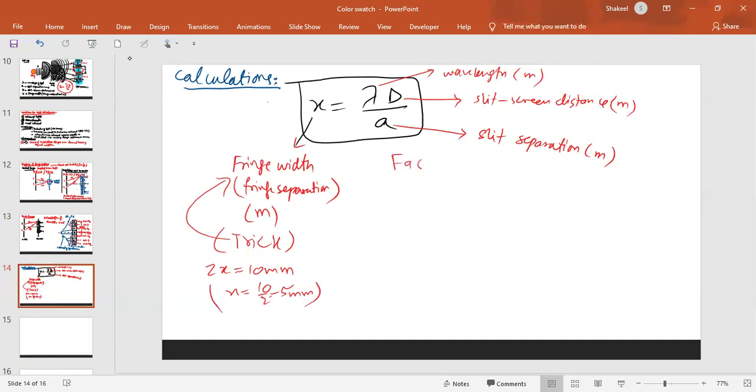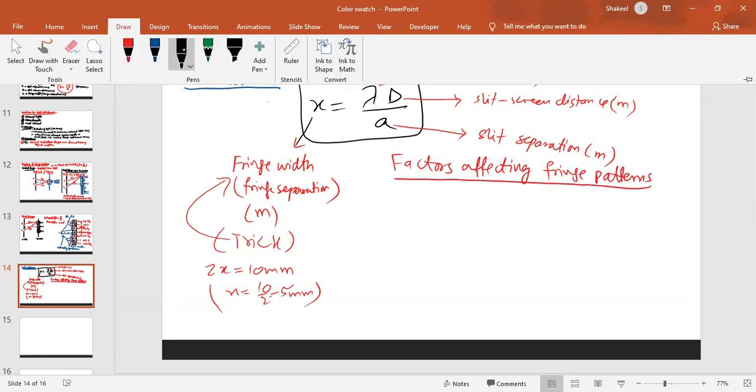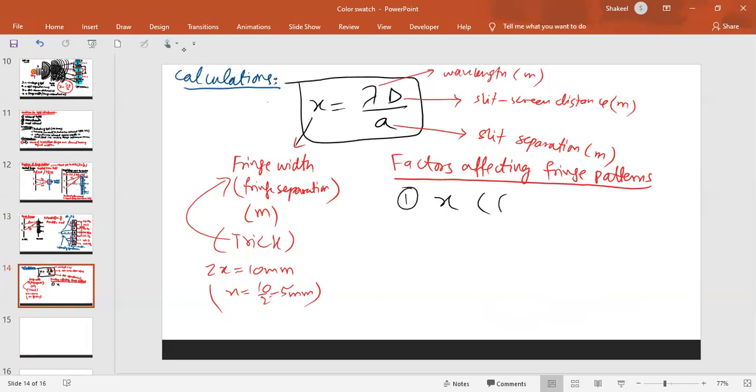Okay, the next thing, the last thing for today, is factors affecting the fringe pattern. For the fringe pattern, we'll be looking at two things. One, how x, the fringe width, is changed. And number two, how the intensity of bright fringes can change.